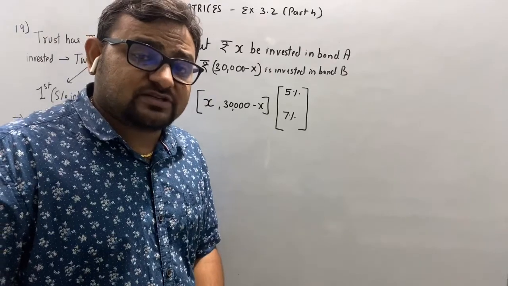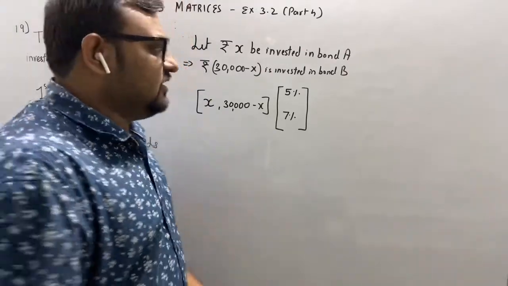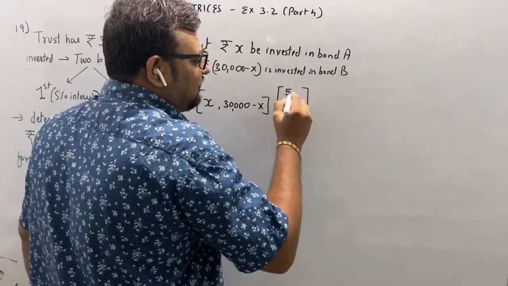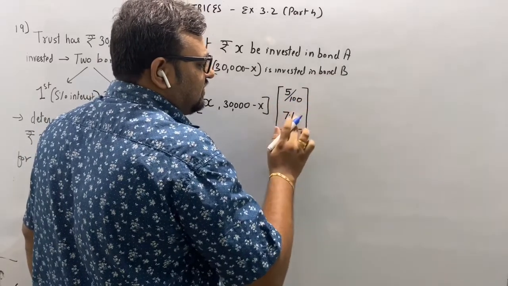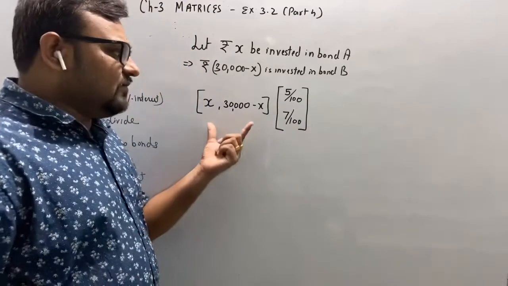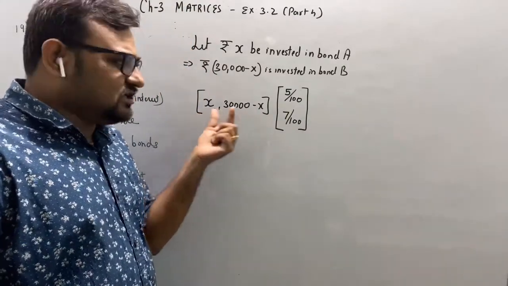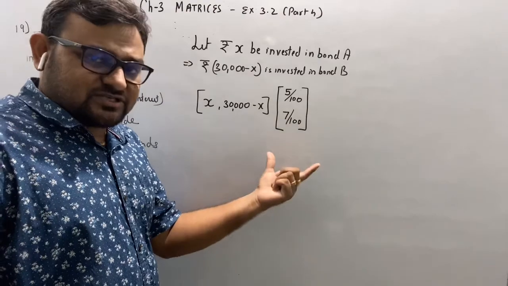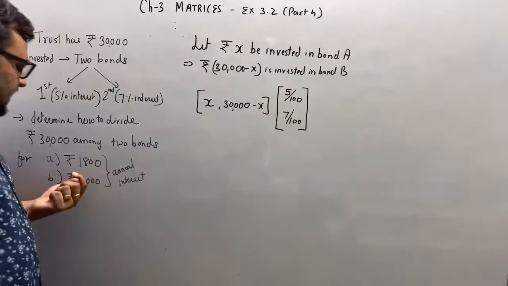What do we mean by percentage? Out of 100. So I will write directly 5 out of 100, 7 out of 100.